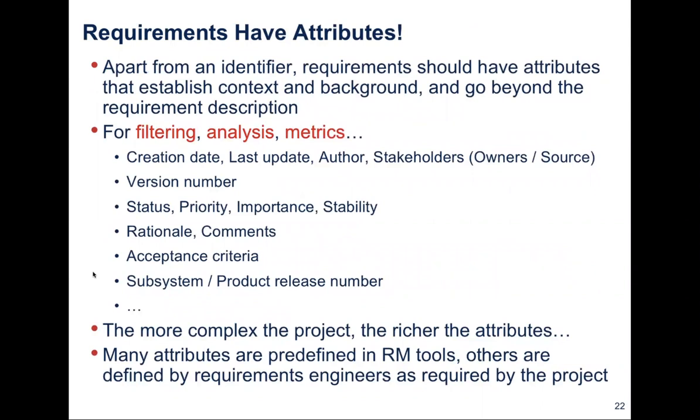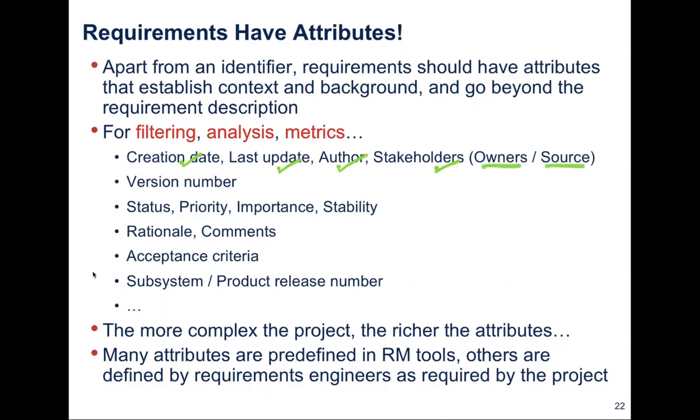Because we need to establish context and background about each requirement, and even go beyond the requirement description, if we would like to provide filtering, analysis, and even metric evaluation for each requirement. Some of those attributes could be the creation date, the last update of the requirement, the author of the requirement, the stakeholders, including the owners, and the source of those requirements.